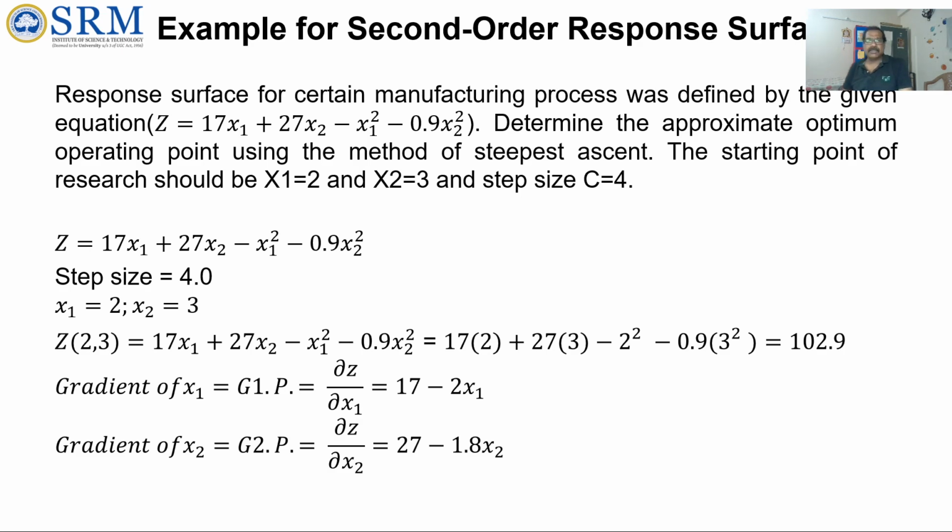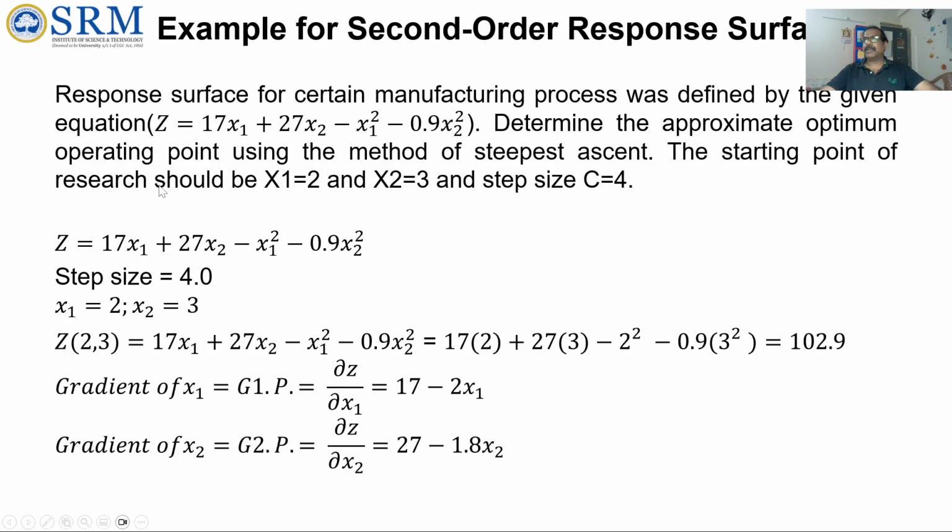Maybe in exams you will also get a similar second order equation, because the square terms are there, or you may be given a first order model with beta 0, beta 1, beta 2 alone. In that case we need to go with the first order model solving procedure, but here they directly give the response surface equation.